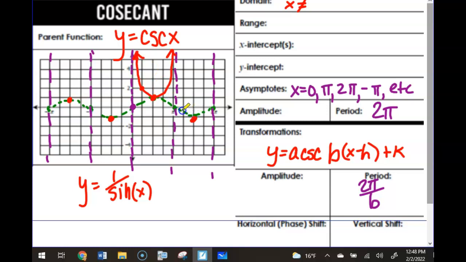The negative values, if this was -1/2, it will become -2. If this over here was -1/10, it will become -10. So those little pieces just flip.